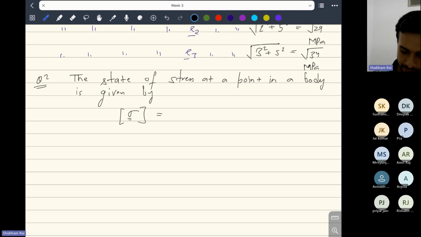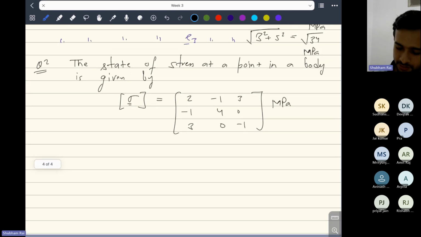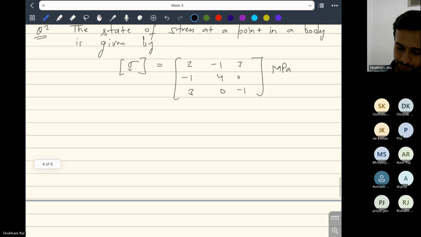So that is denoted as 2 minus 1 3 and minus 1 4 0 and 3 0 minus 1, and that is again in megapascal.